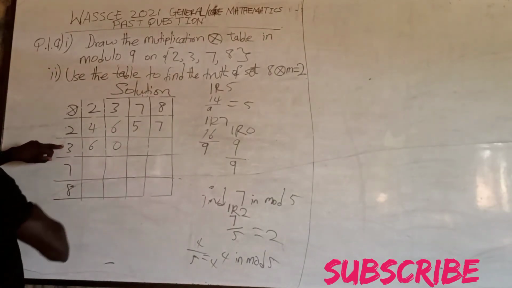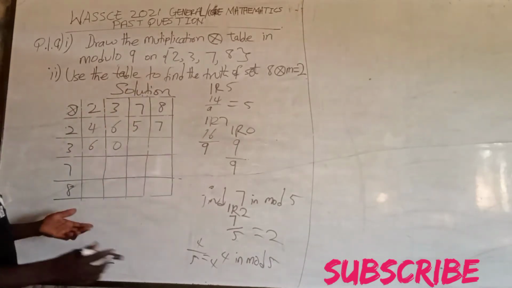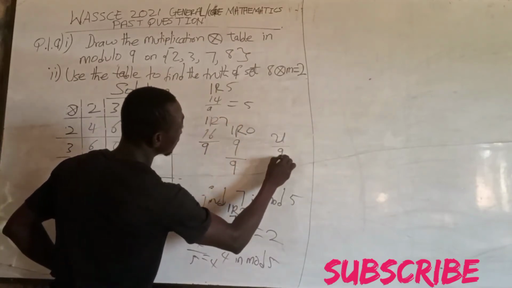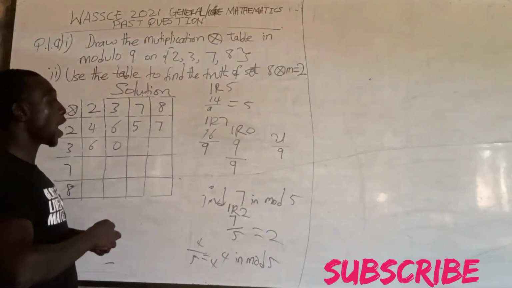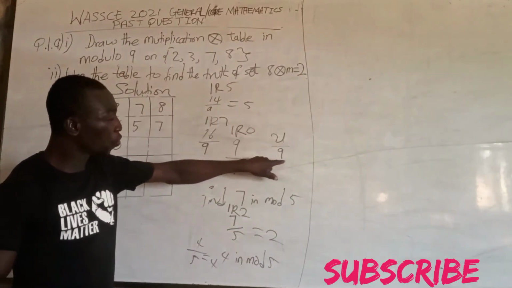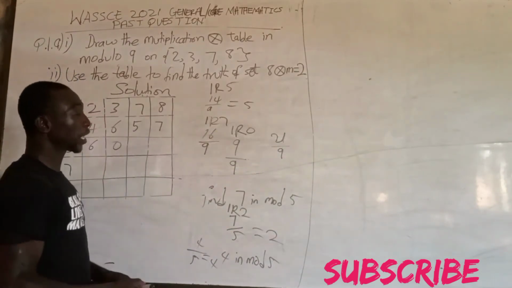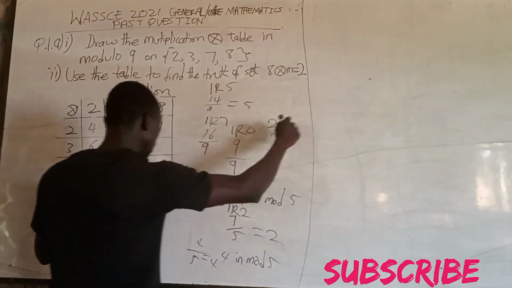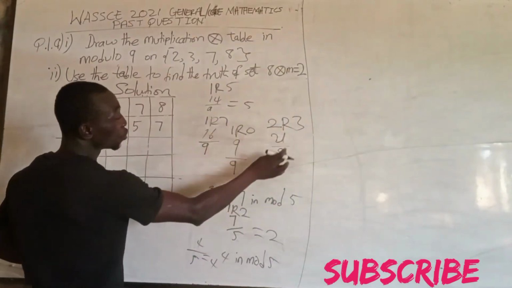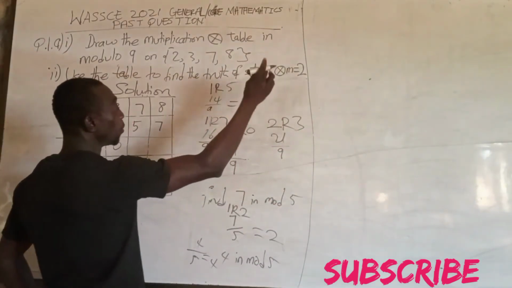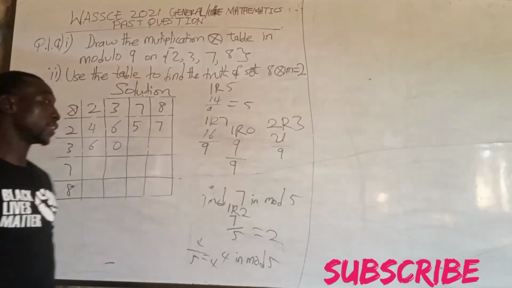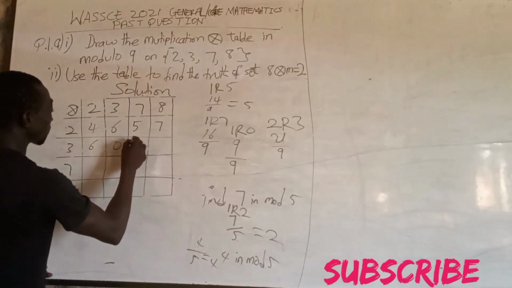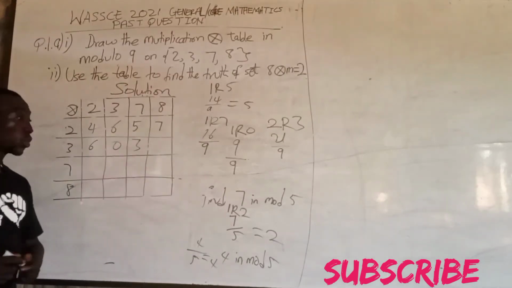We move to the next box. That will be 3 times 7, which gives us 21 divided by the modulo, which is 9. How many times can 9 go into 21? That would be 2, remainder 3. That's 9 times 2, which is 18, plus 3 is 21. Therefore, the remainder is the interested result, so we have 3 in the box.